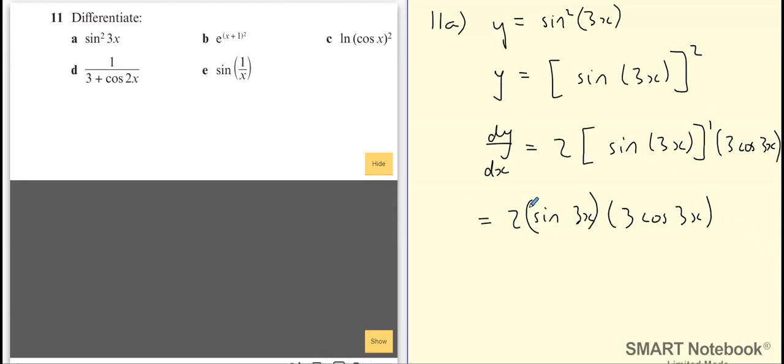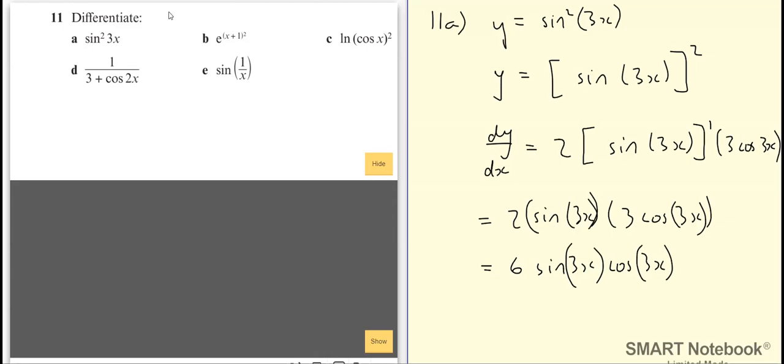And we can multiply the coefficients. This 3x is not going to change, but 2 times 3 is going to become 6. And so we get 6 sine 3x cos 3x. Does that make sense? Okay, now I want you to talk to me about that.